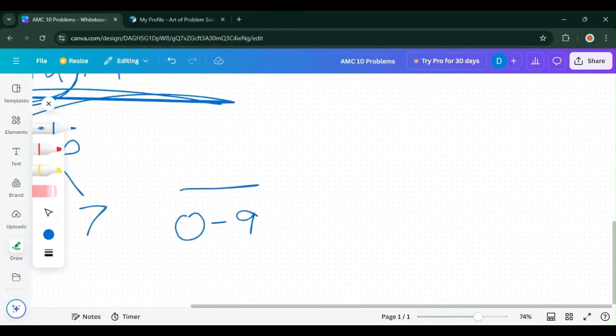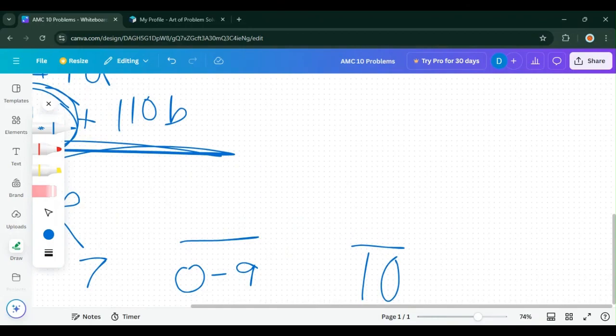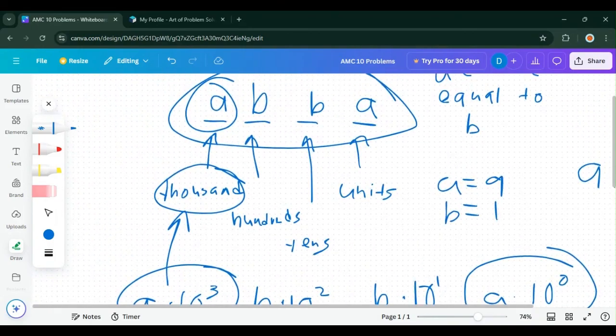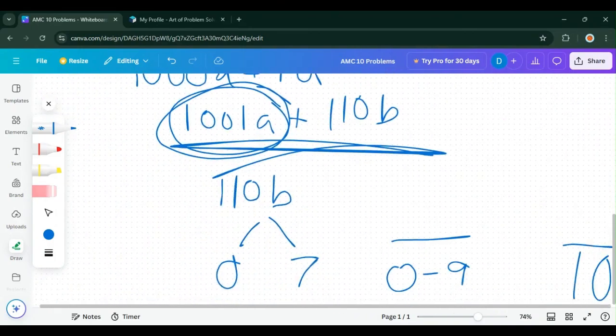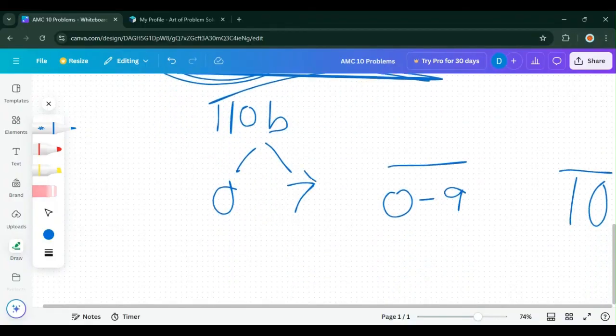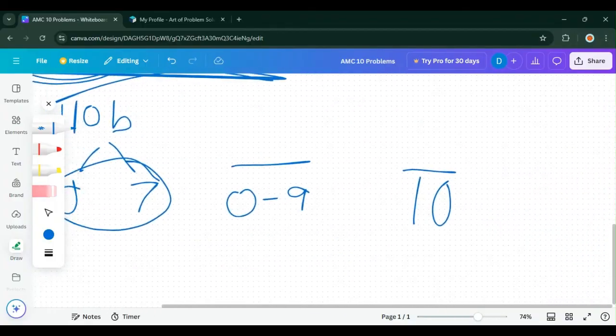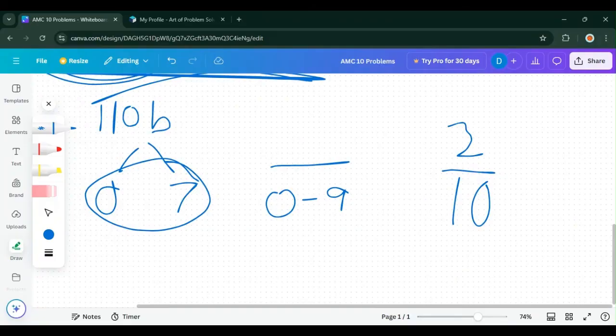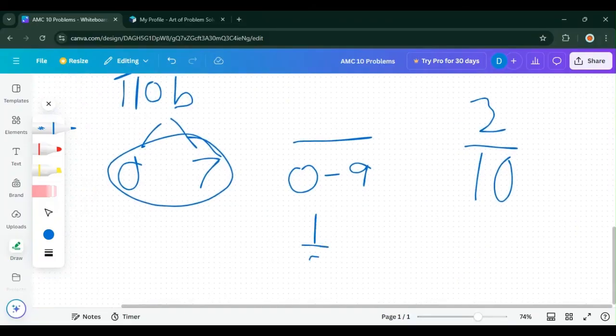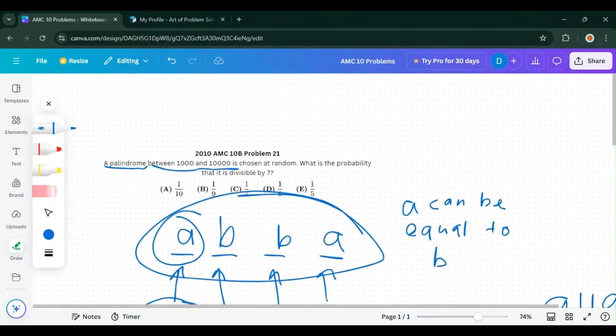So there's 10 choices for the digit B, and two of them, as we found out, 0 and 7, are the only ones that work. Only two of them work. So that is equal to 1/5. The answer is E.